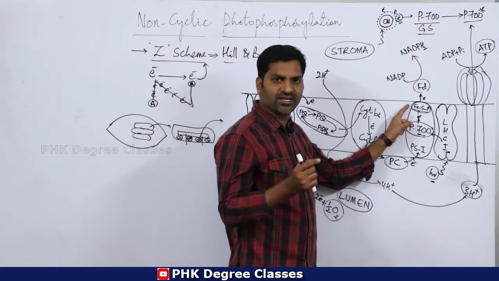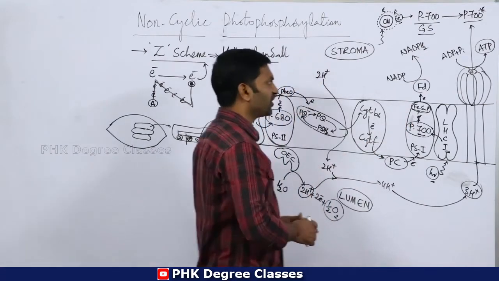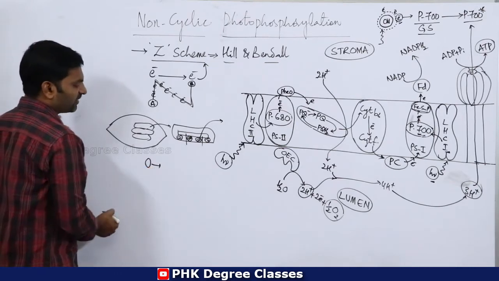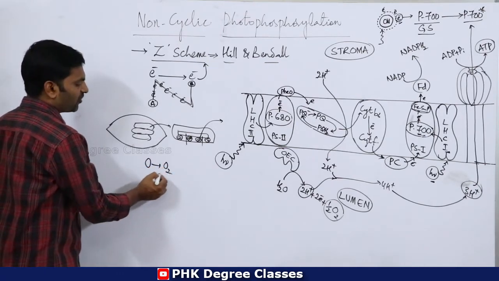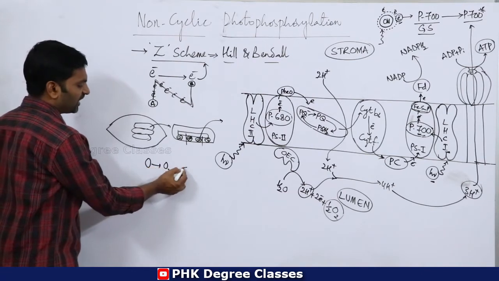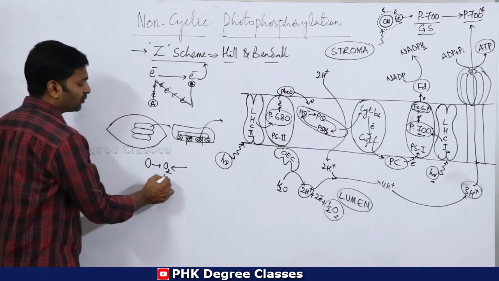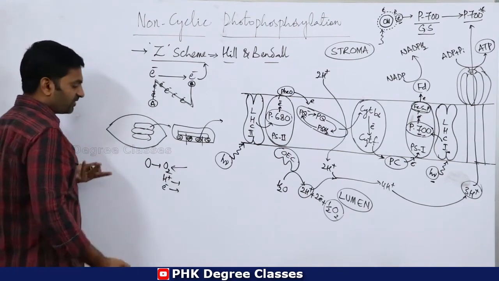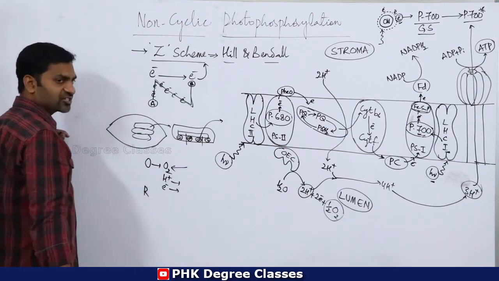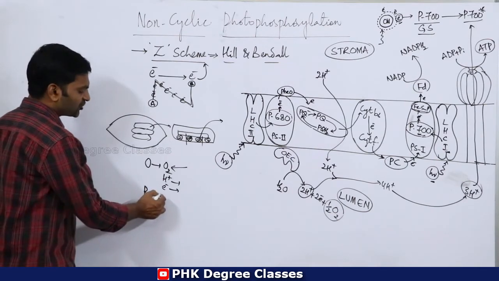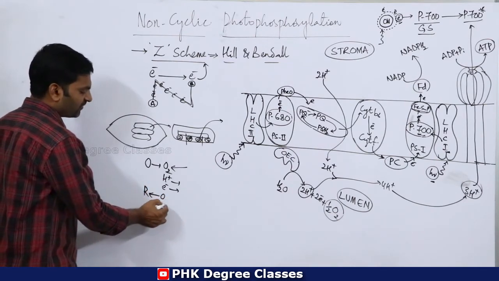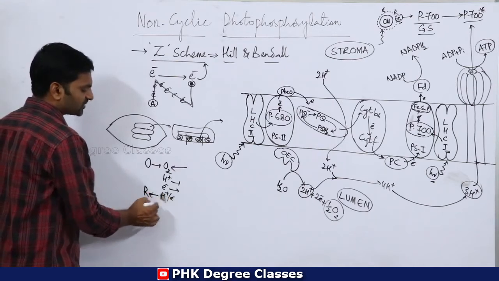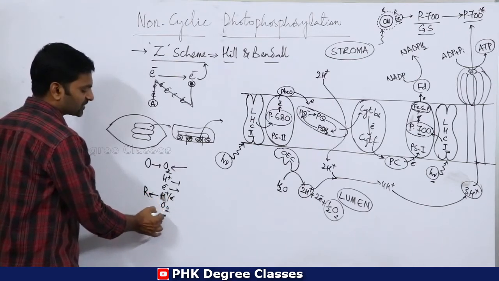What is meant by oxidation? Oxidation means addition of oxygen, removal of protons or electrons. Then what is meant by reduction? Reduction is nothing but addition of protons or electrons and removal of oxygen.